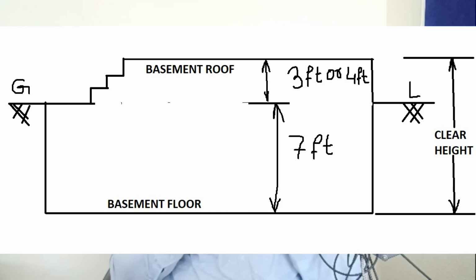As I told you, for residential we keep it 11 to 12 feet, whereas for a commercial building we take it as 10 to 11 feet. Why more in the residential and less in the commercial?